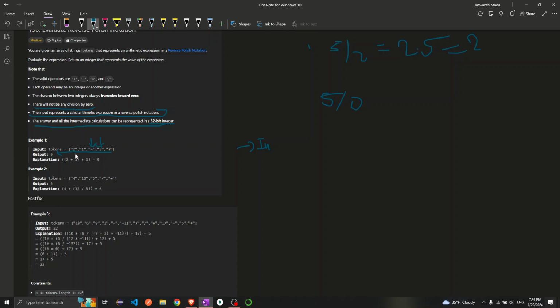Suppose let's take this example. Initially we have 2, we're not going to do anything, and we have 1, we're not going to do anything. When we see plus, we take these two values and add both of them, which is 3. We'll store it and remove these two.